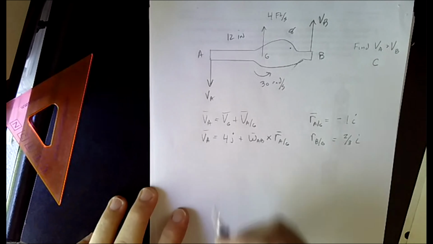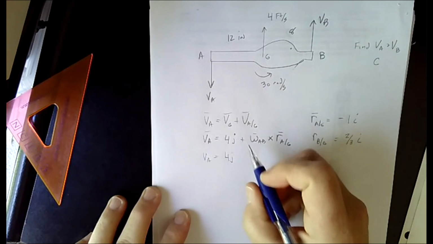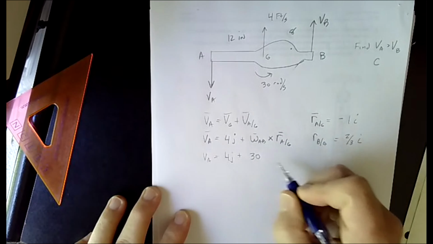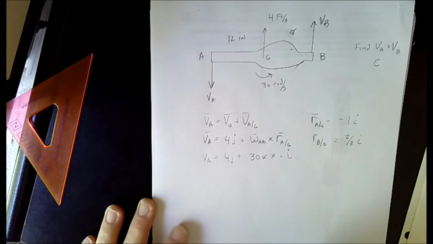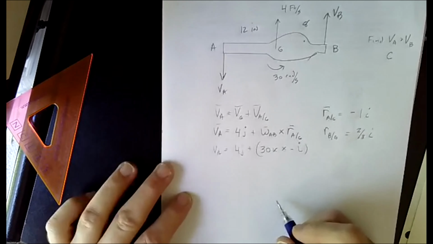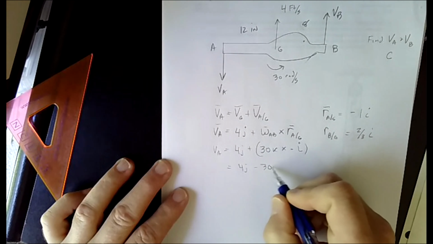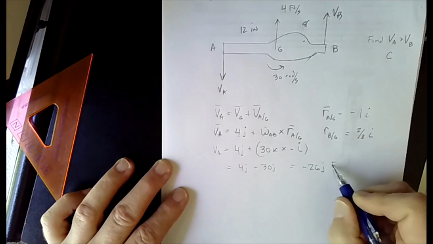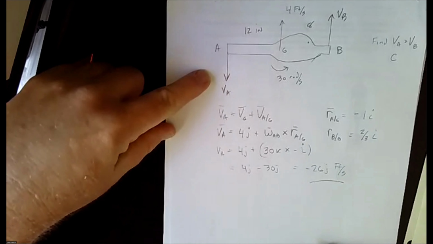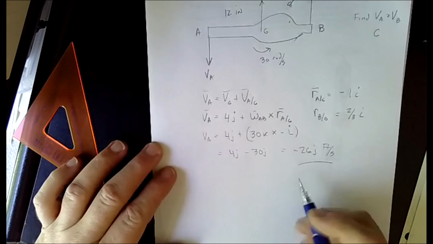So if we go ahead and substitute in, we know VA is 4J plus 30K crossed with minus I, essentially. And so we get 4J minus 30J, which gives us -26J feet per second, which makes sense. We predicted it'd be going down, and that's what it did. Then we can do the same thing.